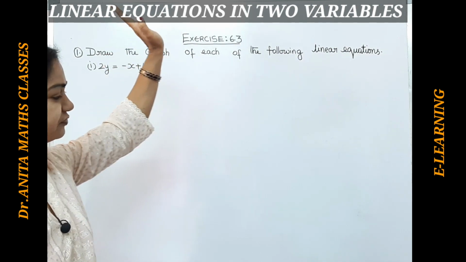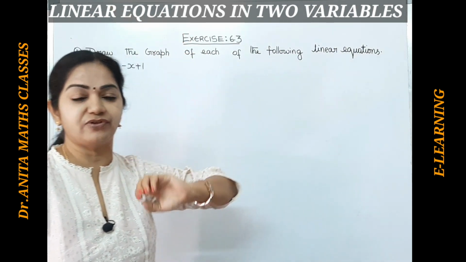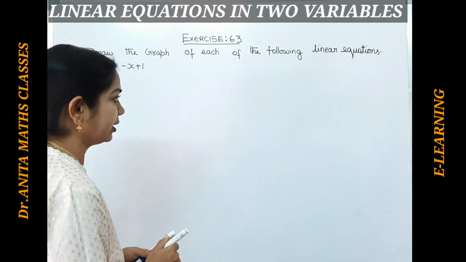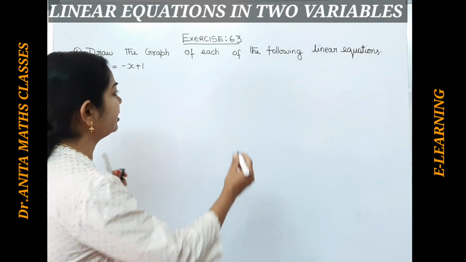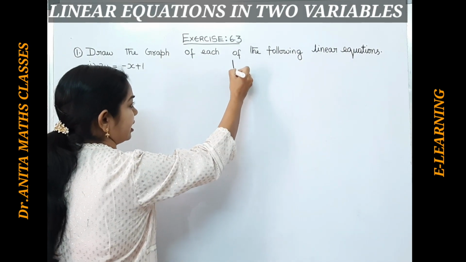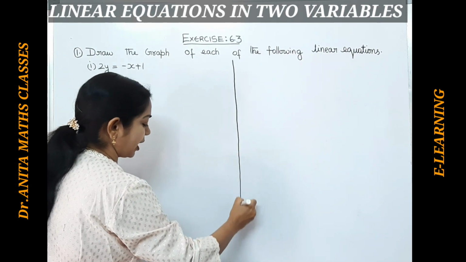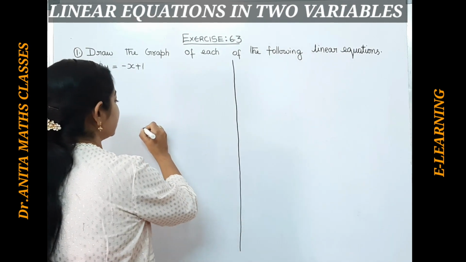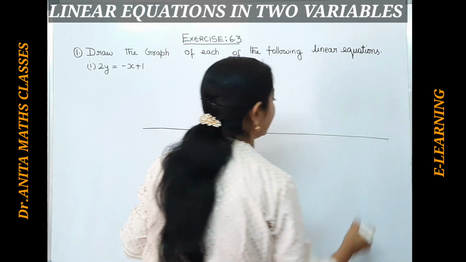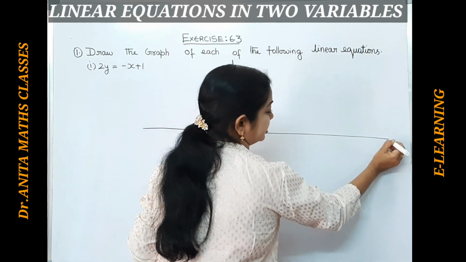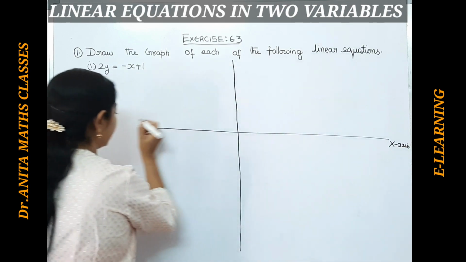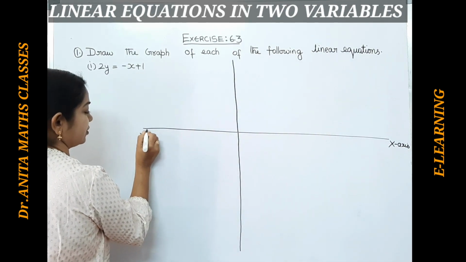Now I'll discuss with you the basics of graph which you studied in your 8th class. Now how do we plot a graph? In a Cartesian plane, the vertical axis is the y axis, whereas the horizontal axis is the x axis. This is the negative side of the x axis, we call it x dash.